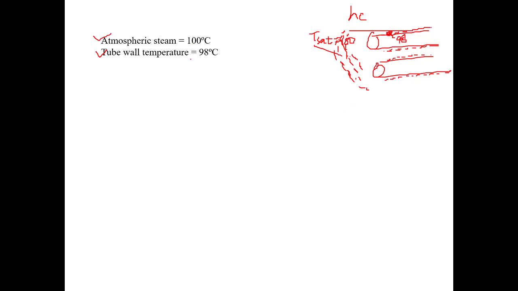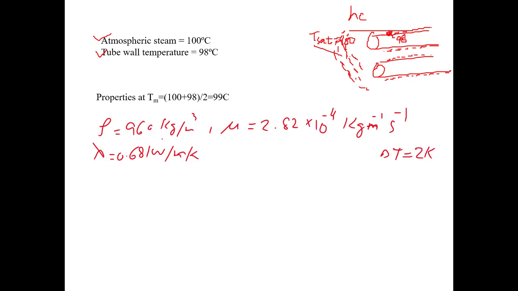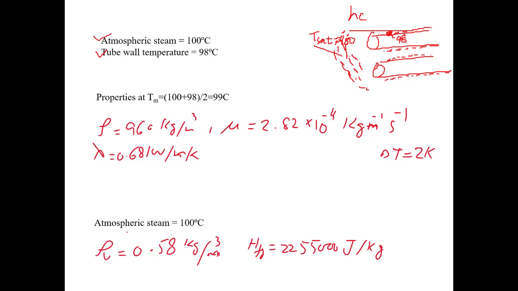So once you know these two temperatures, you can calculate the midpoint temperature, that in this case would be 99 degrees centigrade. And then based on that, we can calculate the physical properties of our system. Then we need to calculate the thermophysical properties, and these are for the case of vapor, that is steam. So we know that at atmospheric steam temperature of 100 degrees centigrade, the density is this and the heat of condensation is this.